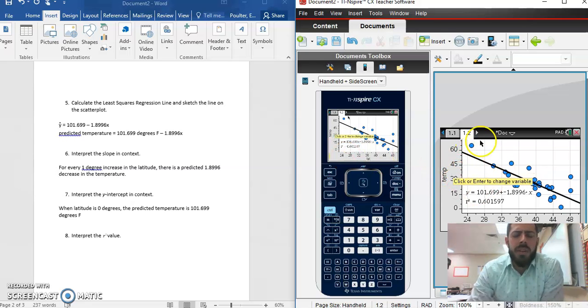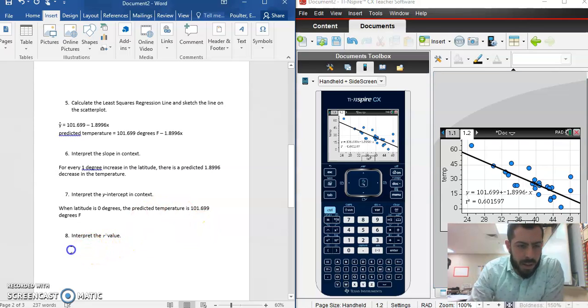We've talked about extrapolation, how you don't do that, but for what we have here, it does make sense when the latitude is 0 degrees. That would be when it is hottest, and it also makes sense that as we move away from the equator, the temperature decreases. The further you are away from the hottest place on the planet, the colder it should get, right? So far so good.